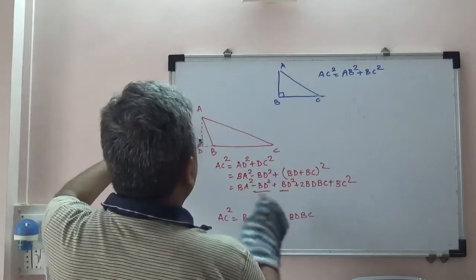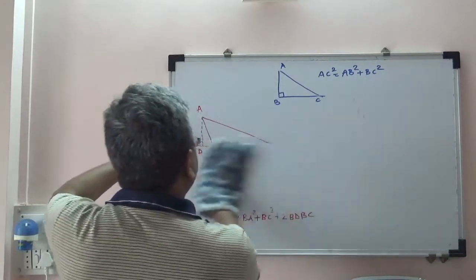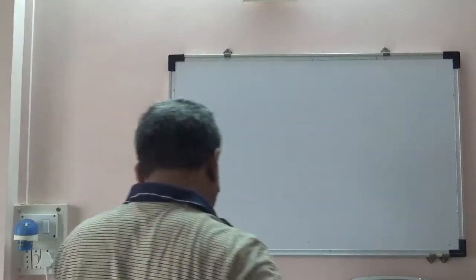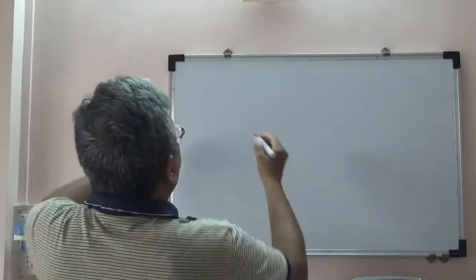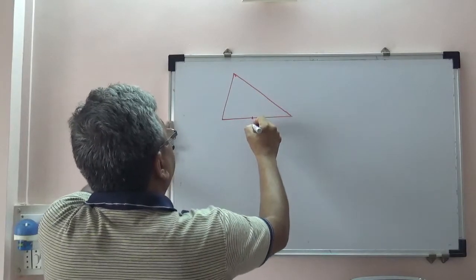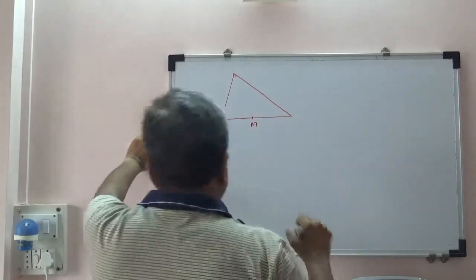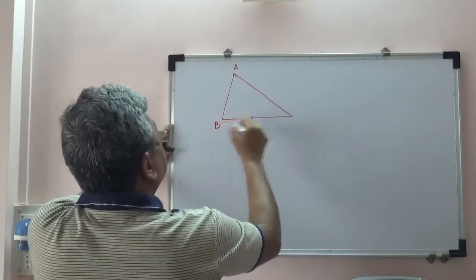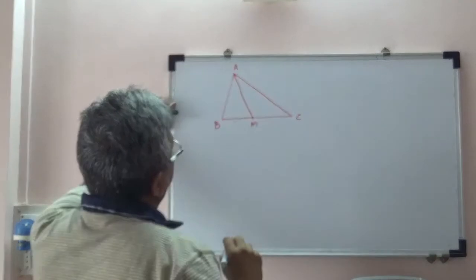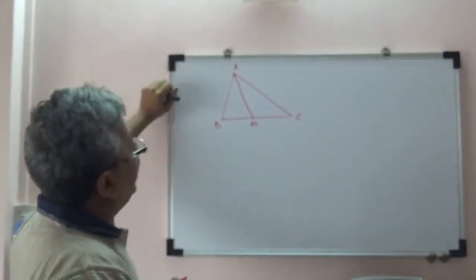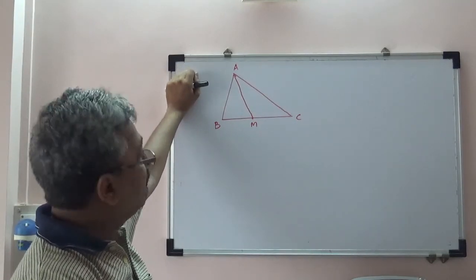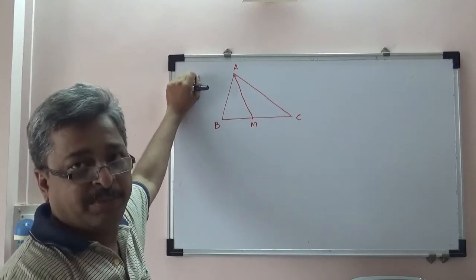Okay. And now the third thing that we would like to prove in this is Apollonius theorem, in which we have a triangle and midpoint M is given. So triangle ABC, AM is a median. Now we would like to find out distance AM, the length of the median, if we are being given the sides of triangle ABC.